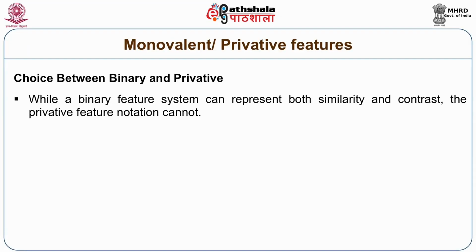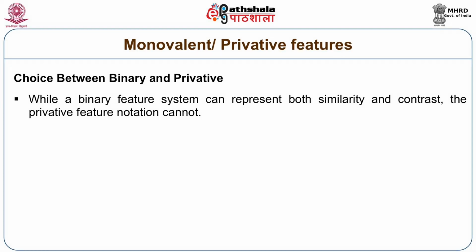system. In a monovalent system or a privative feature system, you can also construct geometries, and the two approaches look virtually identical. Nevertheless, there is also an important contrast between the two approaches. While a binary feature system can represent both similarity and contrast, the privative feature notation cannot.